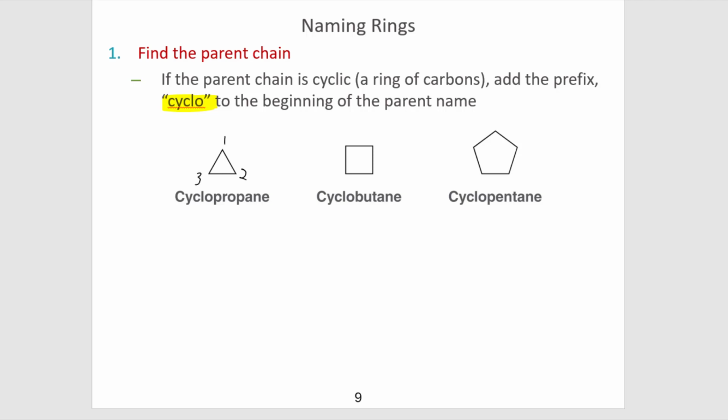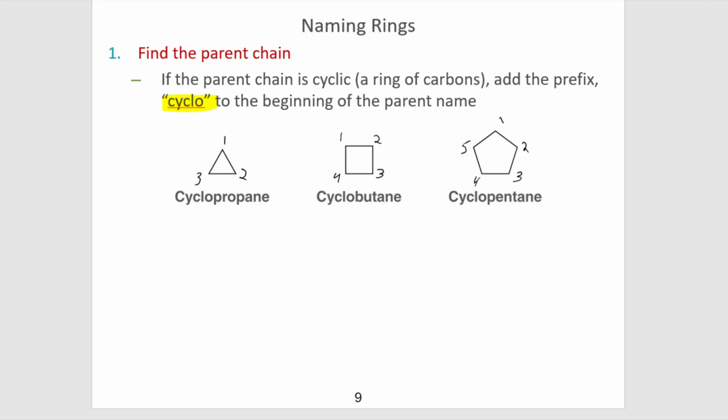We have cyclobutane, 1, 2, 3, 4, and cyclopentane, 1, 2, 3, 4, 5. Might be a little difficult figuring out where to start numbering. It really doesn't matter unless you have an appendage. Then you can start numbering your cycloalkane on the carbon bearing the appendage, since you have a choice of where to begin, because there is no end, right, to the ring.